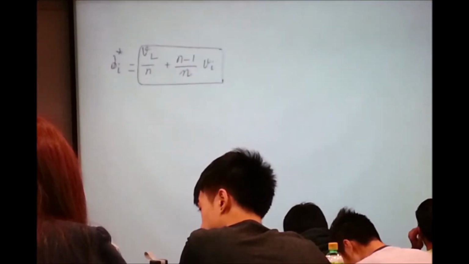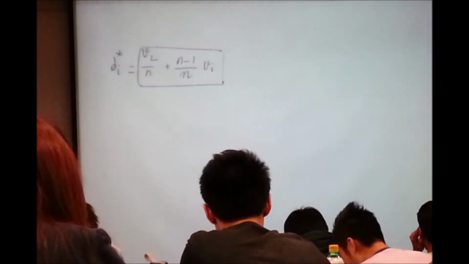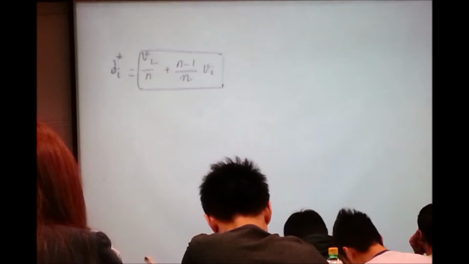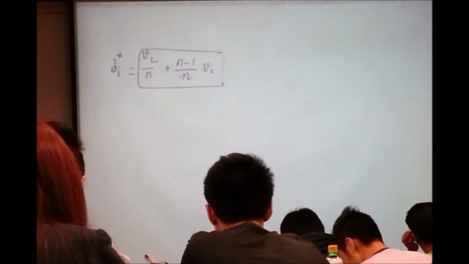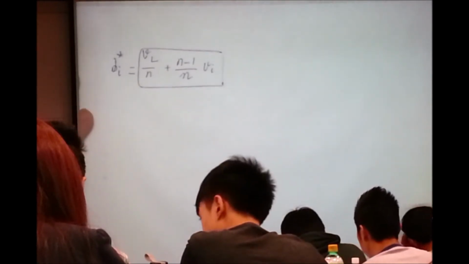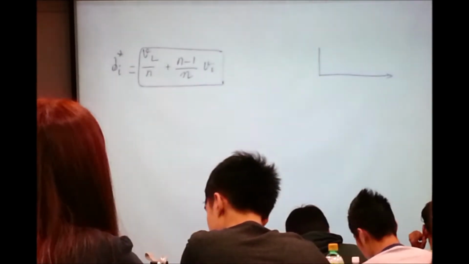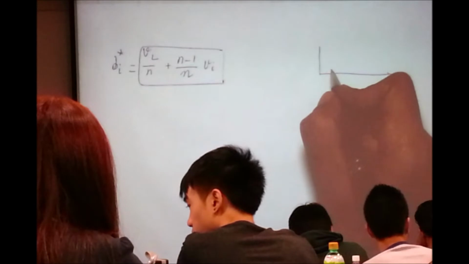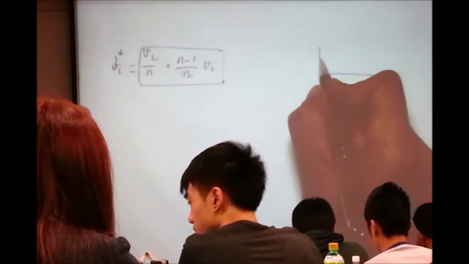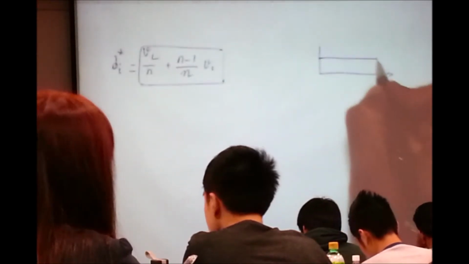Now, notice something. Suppose I had 4 bidders. Let me give you an example. I had 4 bidders uniformly distributed between say 0 and 10.